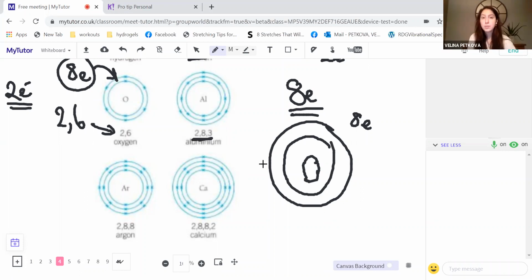If we put 1 electron in there and then the rest of the electrons in the outer shell, this is incorrect. Okay, you only start filling up your outer shell once you have fully filled the inner shell. Okay, so this will never be the case. Your inner shell will always be full first, and then you add to the outer shell. So it will look like this or like this.